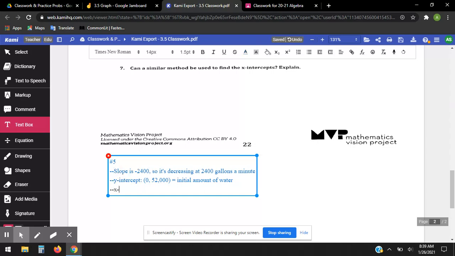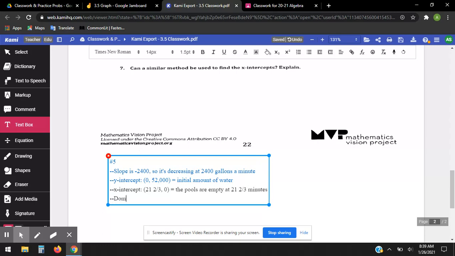Let's do x-intercept, is, we said 21 and 2/3, comma 0. And what that one means is that's when the pools are drained. The pools are empty at 21 and 2/3 minutes.